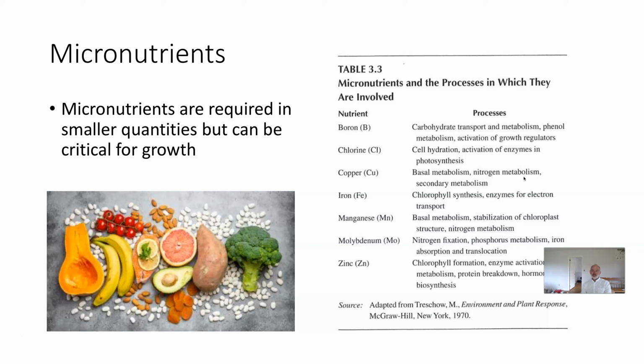The reason I include this is not so much that you need to remember each of these micronutrients or its function, but that you understand that each of the micronutrients is important for a process. Each one of these is playing a role in a complex set of processes, and which are more or less important varies in different plants, but each of these can be important.